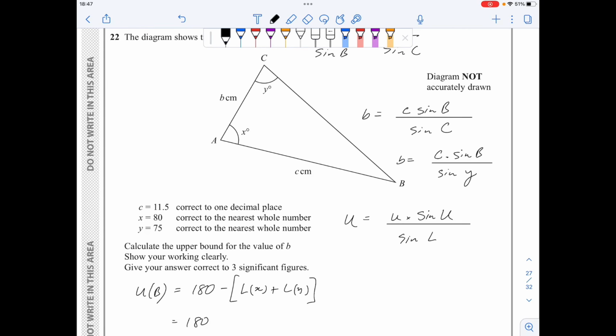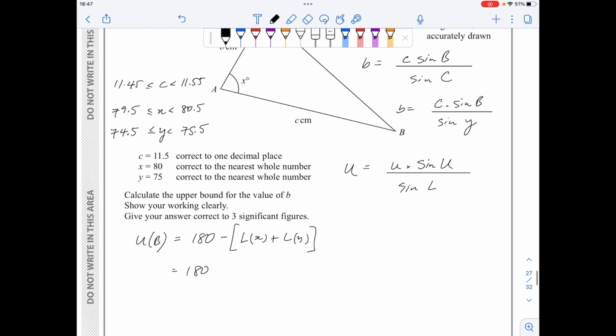Now C is between 11.45 and 11.55. X is between 79.5 and 80.5, and Y is between 74.5 and 75.5.